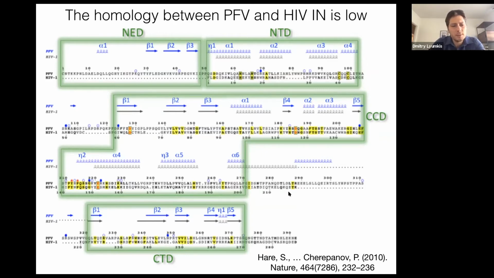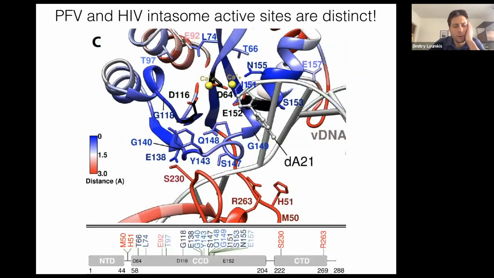And this is really important, because when you overlay the 2 active sites, they're not identical. This figure shows the RMSD between the prototype foamy-virus intasome active site and the HIV intasome active site, mapped onto the structure of the latter.